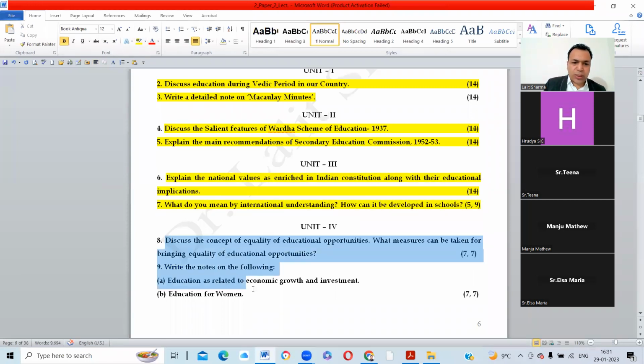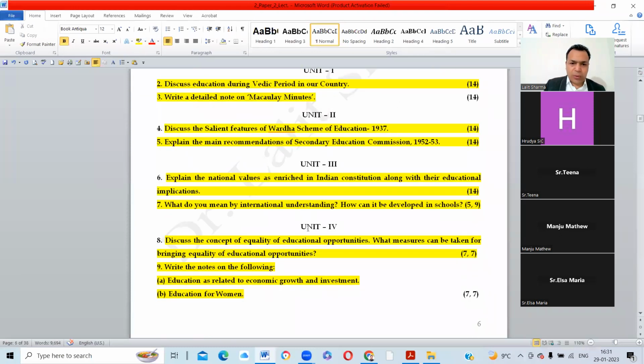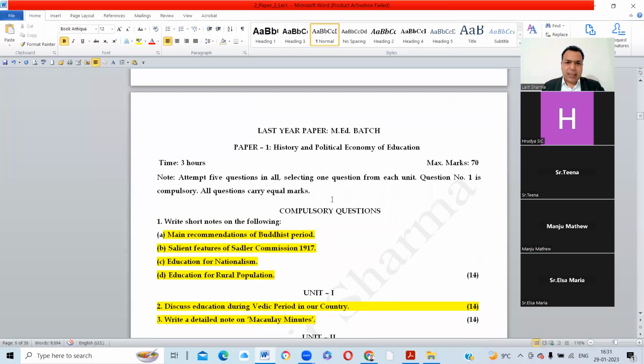I have solved some of the important questions for you, not all, but maximum of the papers, leaving 2 or 3 questions. So we discuss all these questions according to your syllabus and your last year's paper, right?